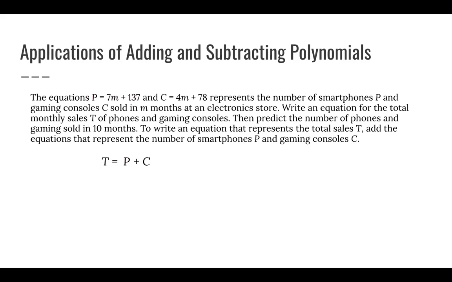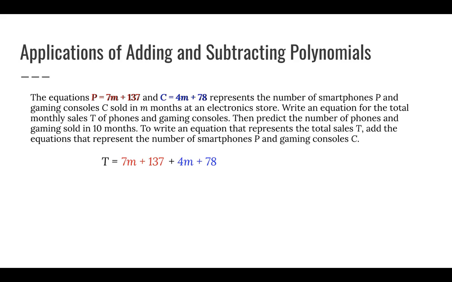If you look at the equations, the red one, p equals 7m plus 137. The blue one, c equals 4m plus 78. I am going to substitute those equations in for p and c. So the equation is going to turn into what I have here. 7m plus 137 plus 4m plus 78.